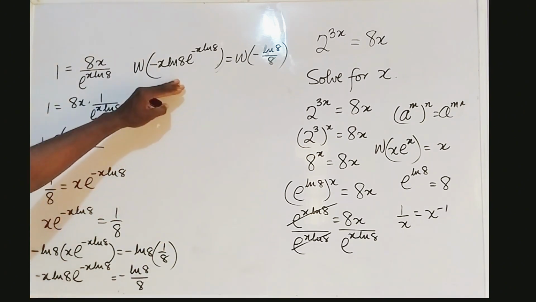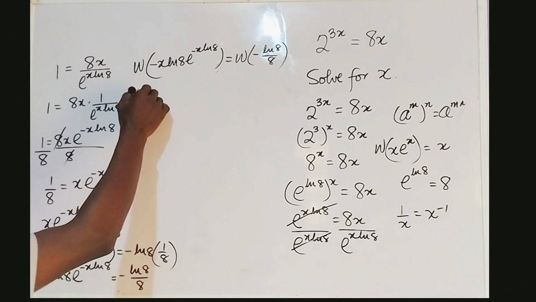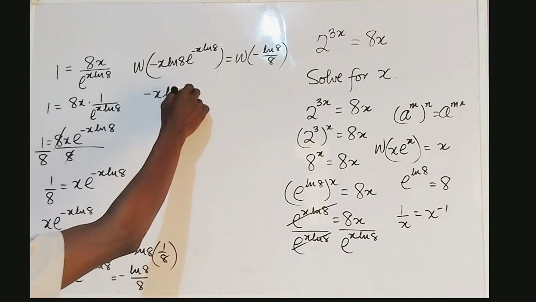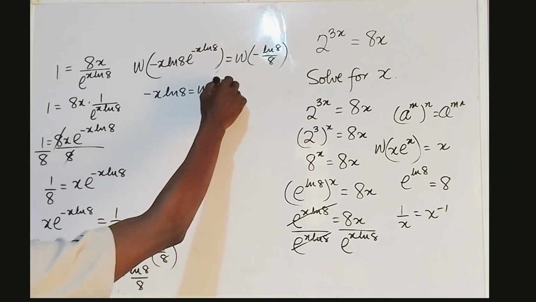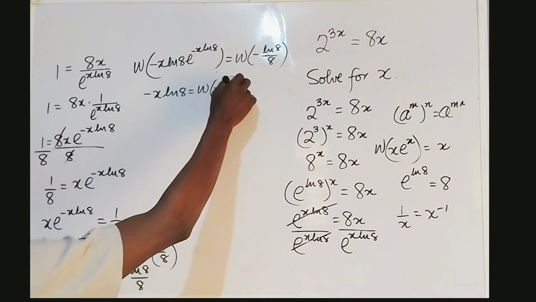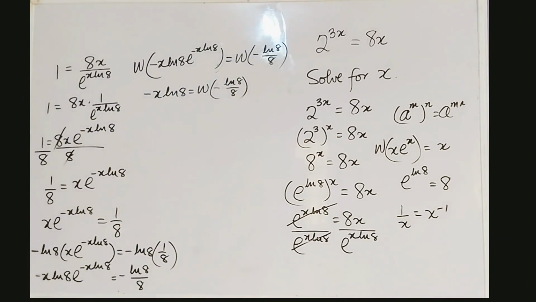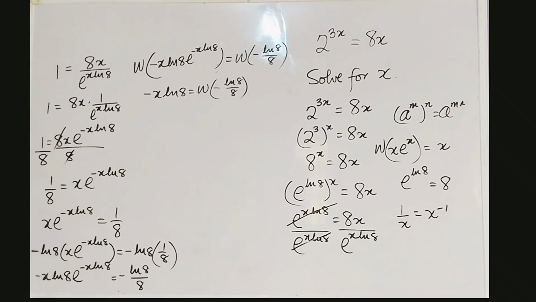Alright, so the right hand side ends up becoming minus x ln 8 equals W, Lambert function, of minus ln 8 all over 8. Now let's divide both sides by minus ln 8.